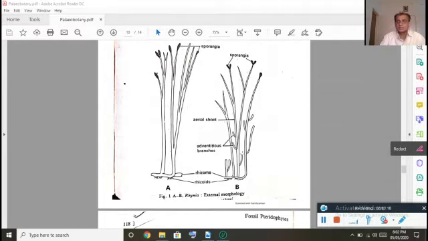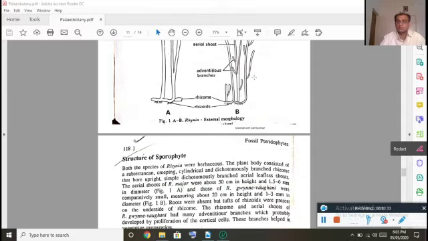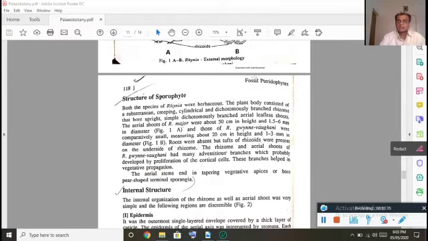You can observe here there are no leaves, but adventitious branches are seen, and there are terminal sporangia. In Psilotum you don't find terminal sporangia, instead axillary synangia are there, but here terminal sporangia are present. A small difference is there between Rhynia major and Rhynia gwynne-vaughanii.